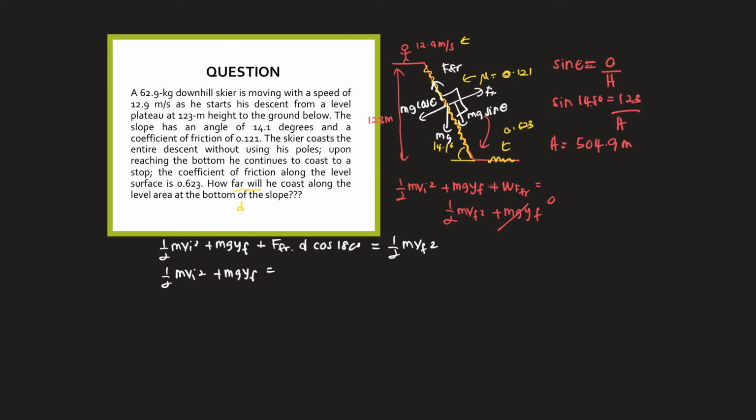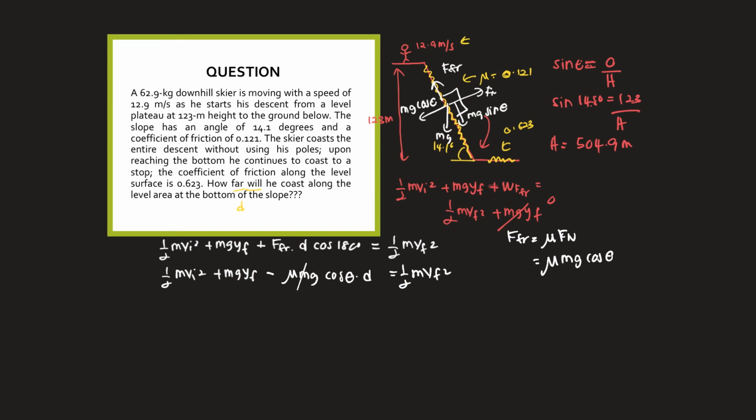plus, no, I'm going to put it as negative because of the direction, negative mu mg cos theta d equals half mv final square, because you need to understand that Ffr equals what? Equals mu Fn, and the Fn here is mg cos theta.